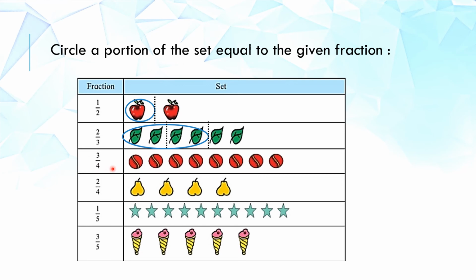So 8 divided by 4, we get 2 balls in each part. Now we have got 4 parts, 1, 2, 3, 4. From these 4 parts, we will circle 3 parts. So we got the answer this way.